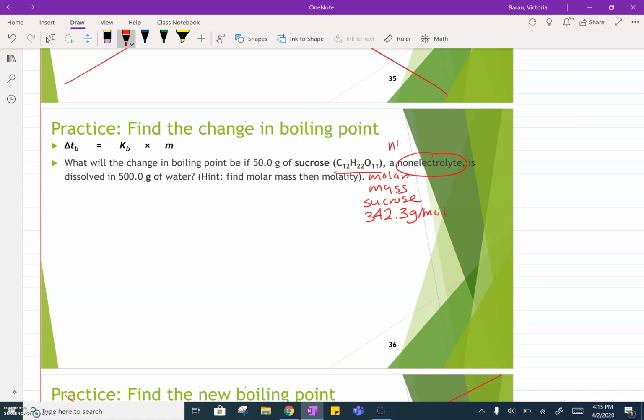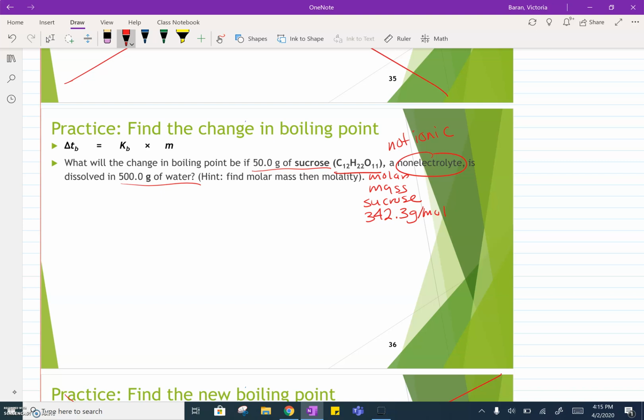It is not an ionic compound. So notice we don't have the i here because it is not an ionic compound. What will the change in boiling point be? And we will find the new boiling point if 50 grams of sucrose is dissolved in 500 grams of water. Water is our solvent again this time.